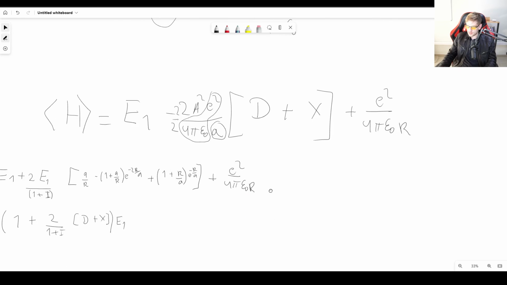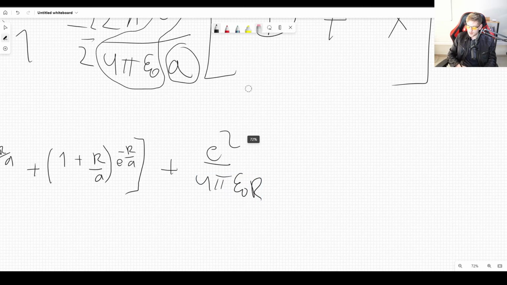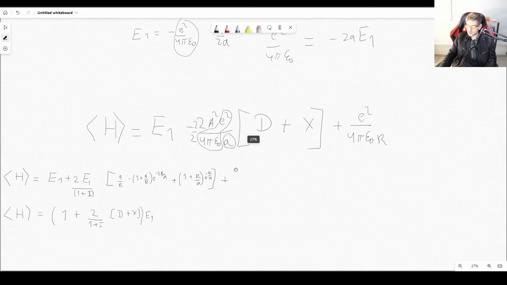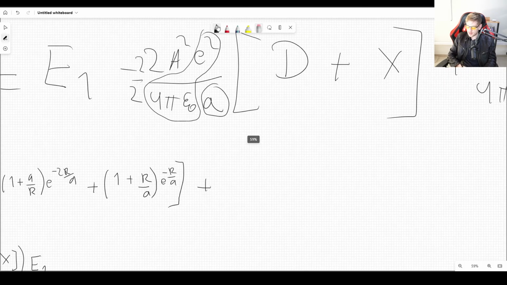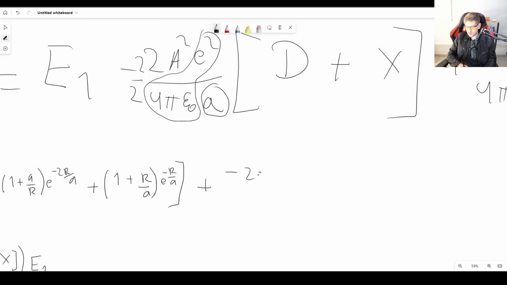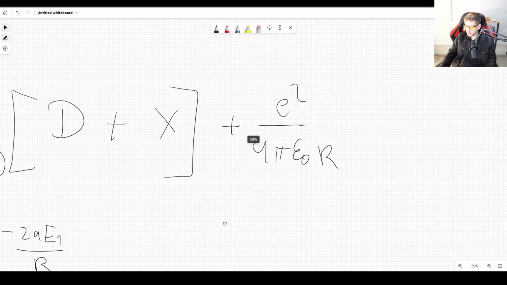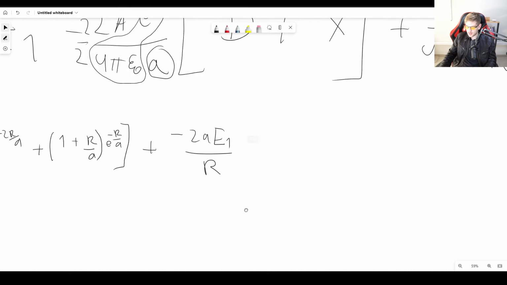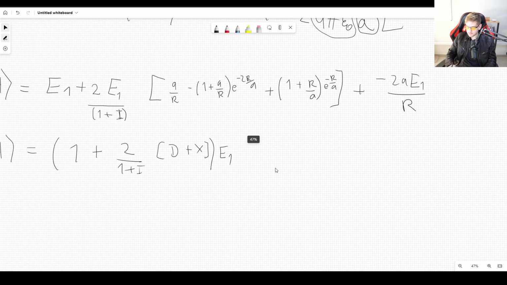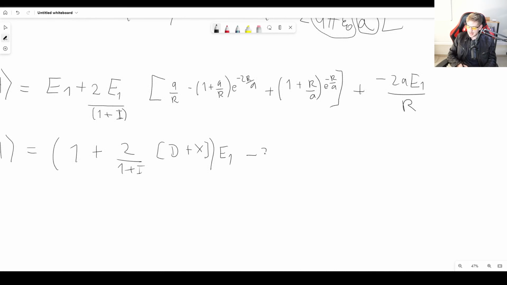So let's write that in its place. So that is minus 2a E1. And there is still an R floating around, by the way. So there we go. To this we will add the proton-proton interaction.